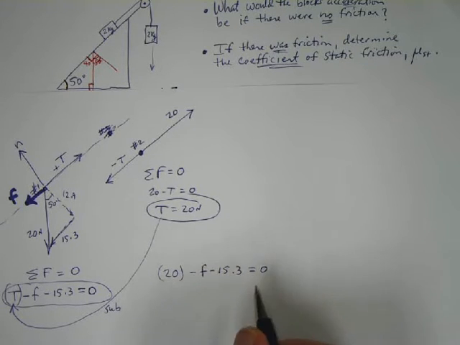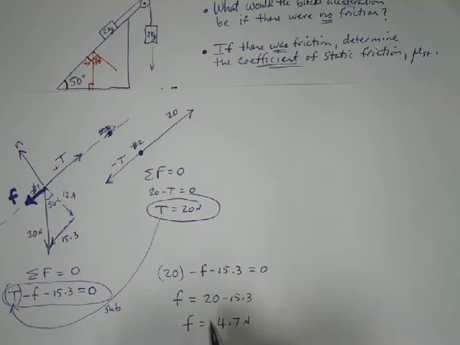So therefore, if we solve for F, I'll just add F to both sides. We get F is equal to 20 minus 15.3. And 20 minus 15.3 is 4.7 newtons.